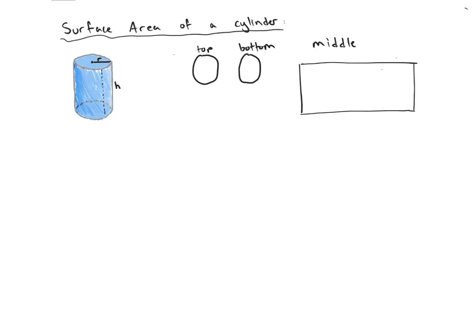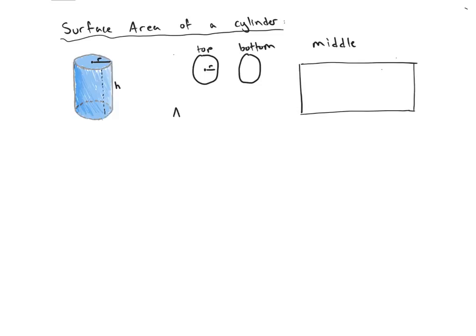So, the surface area of our shape. Well, let's start with the easy stuff. What is the surface area for the top and the bottom? Well, these are just circles with radius r, and the surface area of these shapes will just be the area of a circle.